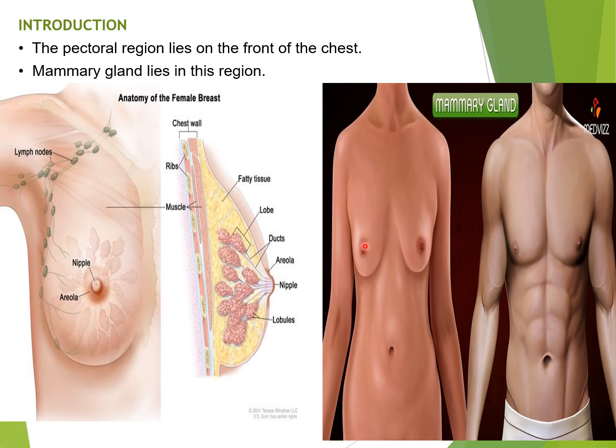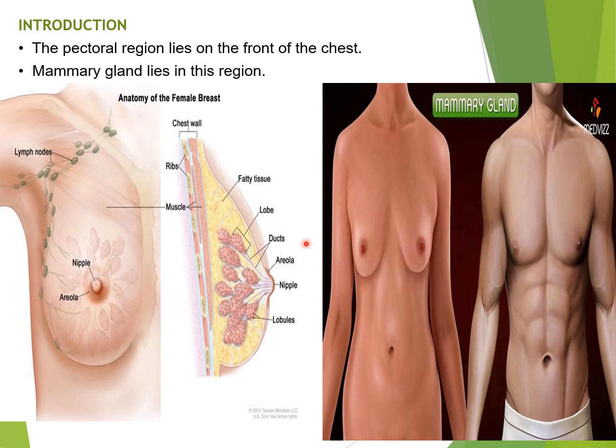It may be hemispherical, like a half sphere, conical or pendulous. But the base of the breast, the circular base, remains fairly constant.